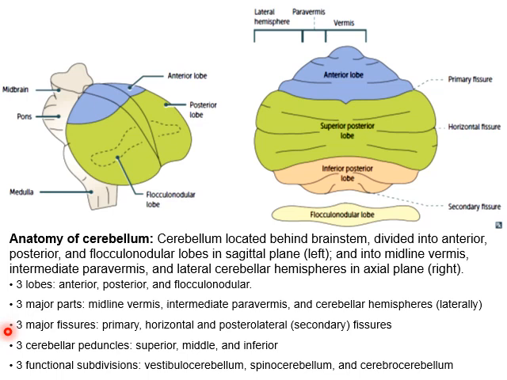It has 3 major fissures: primary, horizontal, and posterolateral or secondary fissure. It has 3 cerebellar peduncles, as you will see in the following slides. The 3 cerebellar peduncles are superior, middle, and inferior. It has 3 functional subdivisions, and these 3 functional subdivisions are the vestibulocerebellum, spinocerebellum, and cerebrocerebellum.